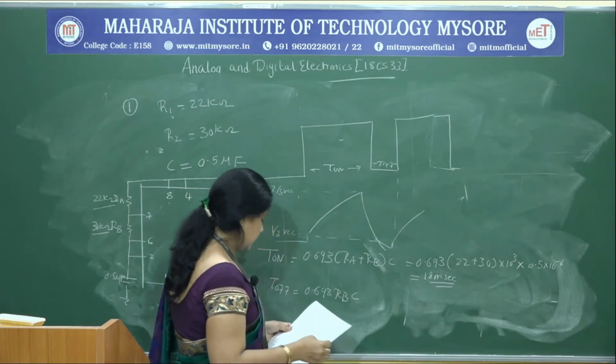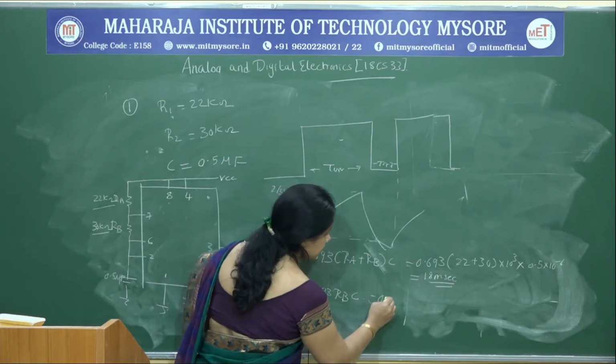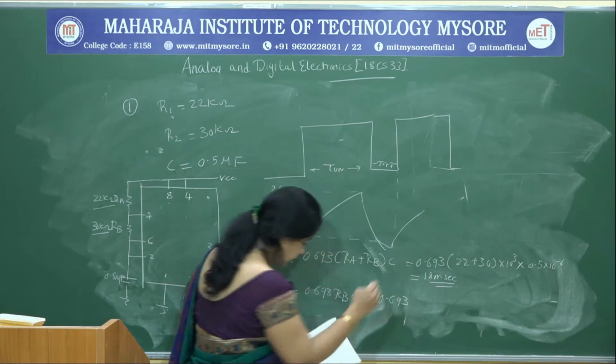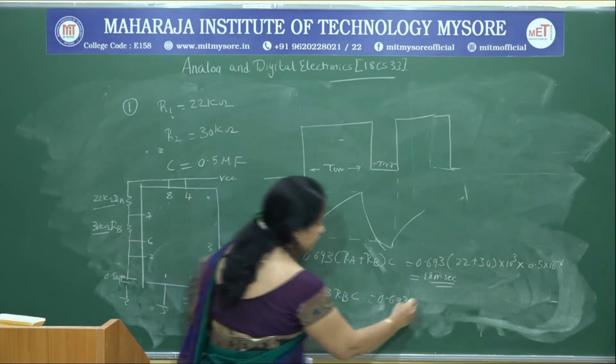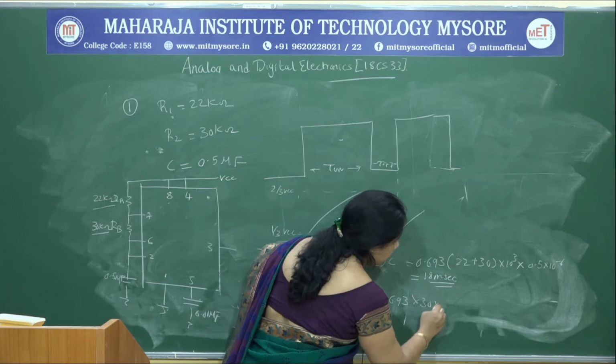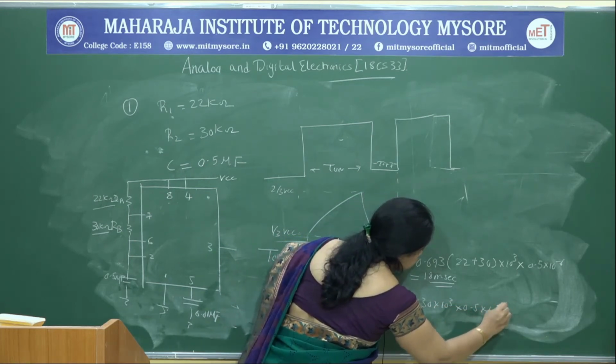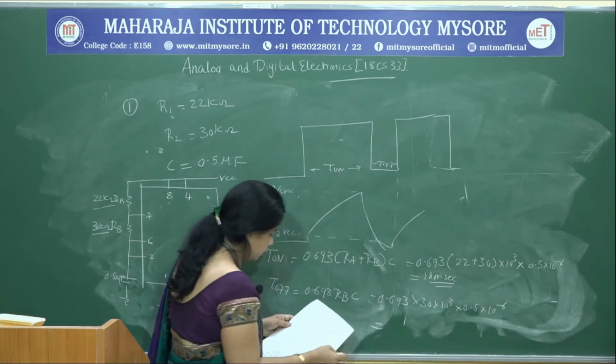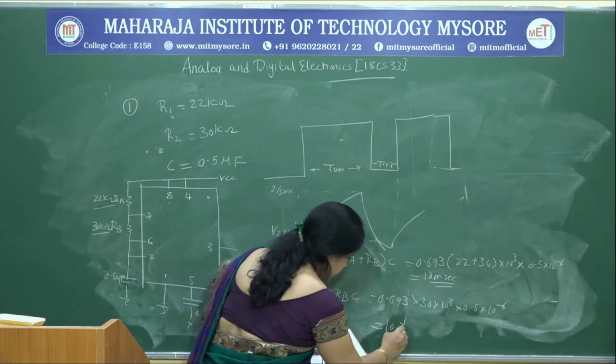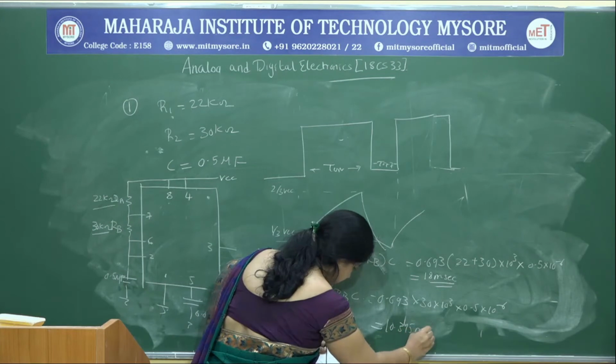Now, substitute the values here, it is 0.693, and it discharges through RB, and RB is 30 into 10 power 3 into 0.5 into 10 power minus 6, and the discharge time is going to be 10.395 milliseconds.